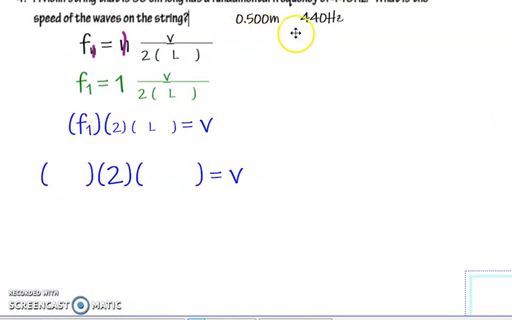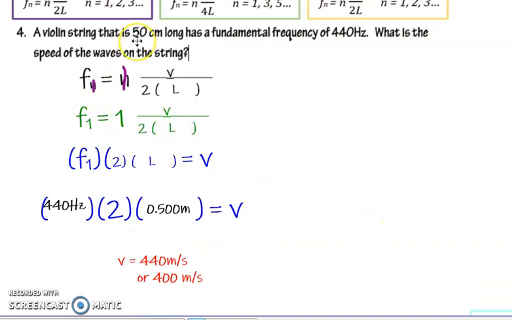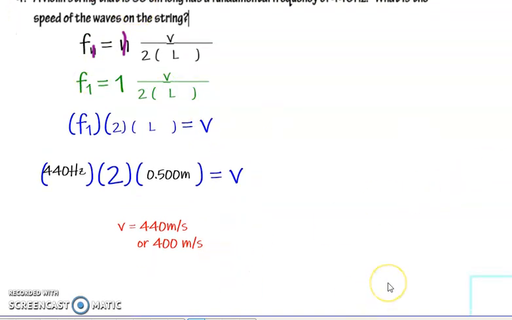The frequency is 440 hertz and the length is 0.5 meters. When I calculated that in the calculator, just multiplying it straight out, I got 440 meters per second. But at 1 sig fig, it would be 400 meters per second.